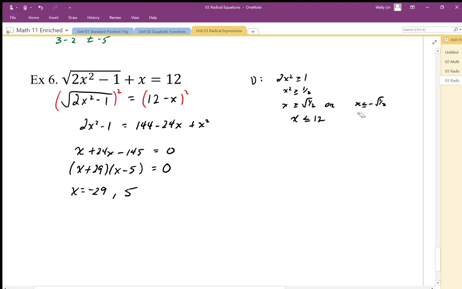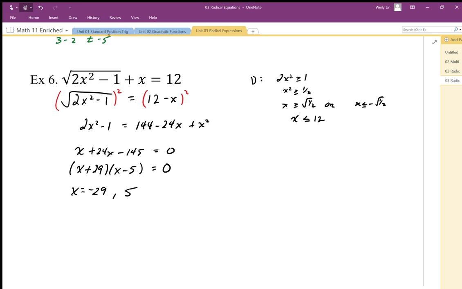So it seems to satisfy this one here, less than −√(1/2), and then satisfies this, so −29 looks like it's okay. 5 is bigger than √(1/2) and less than 12, so they both appear to be okay. Now that's kind of complicated, the domain restriction here. Let's just test it, then we'll go back to the domain restriction.